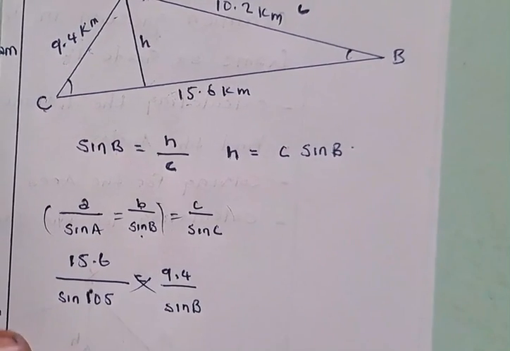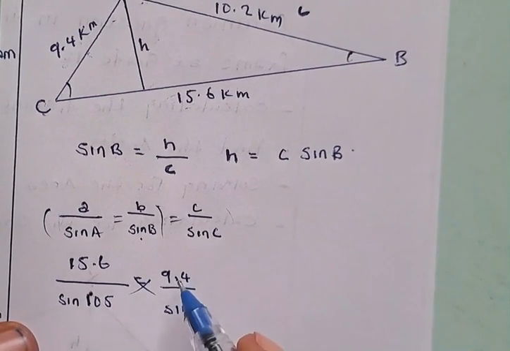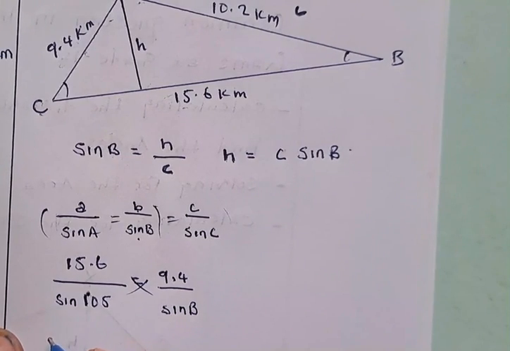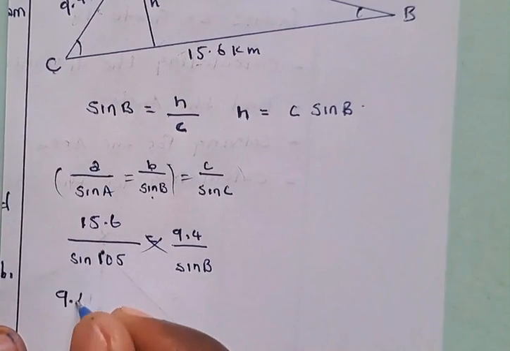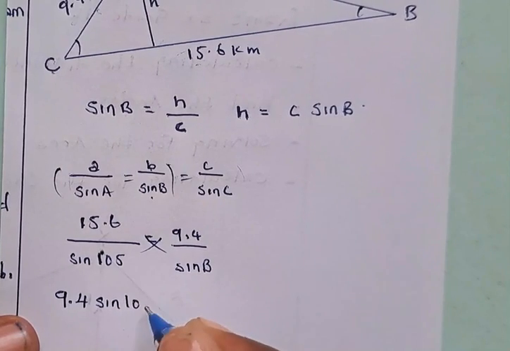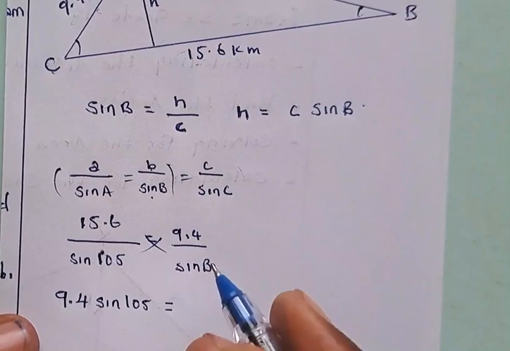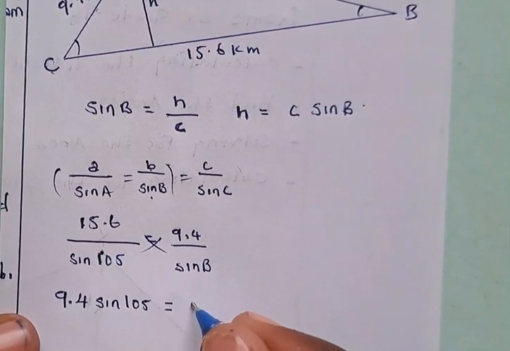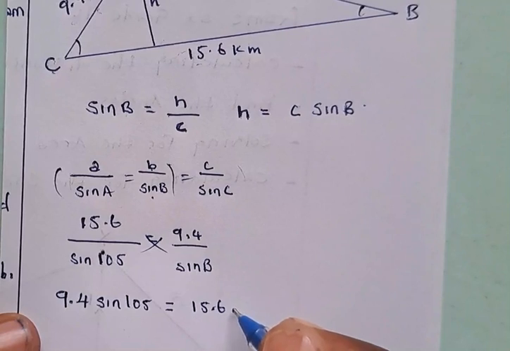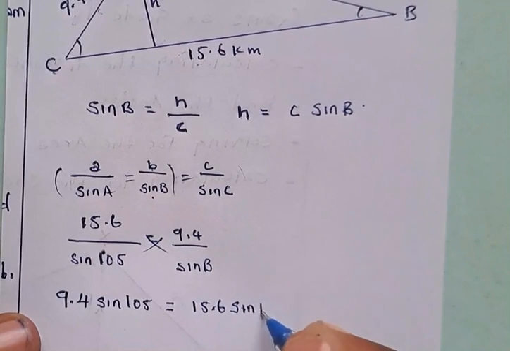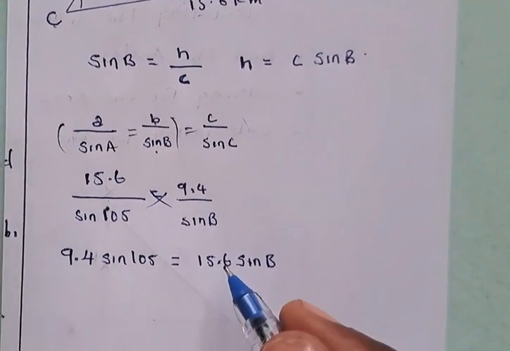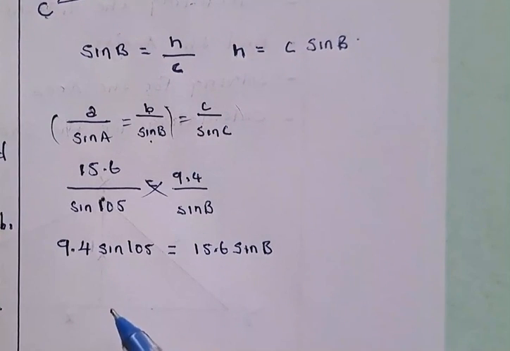Then from here just cross multiply. So this one, 9.4 times sine 105, so we're going to have 9.4 sine 105 is equal to 15.6 sine B. Okay, again, this is where our subject is, so let us just try to take it that side.